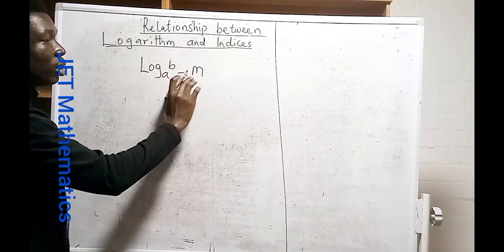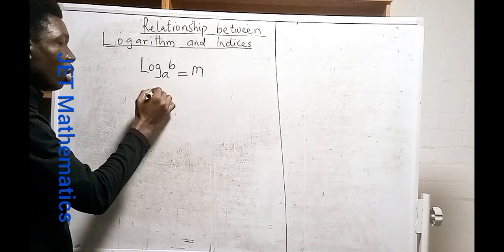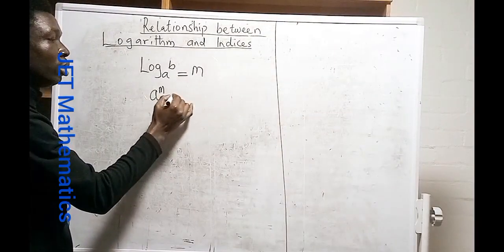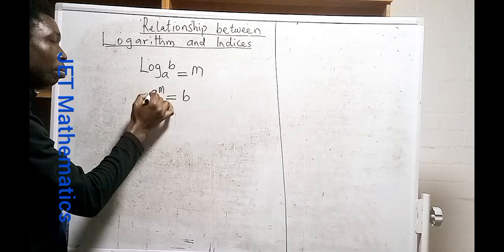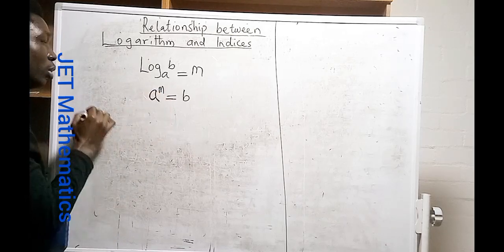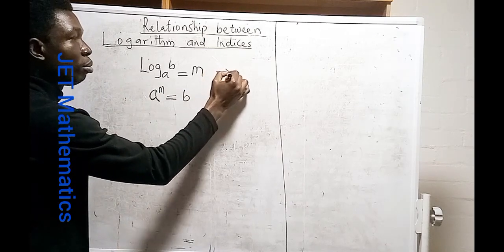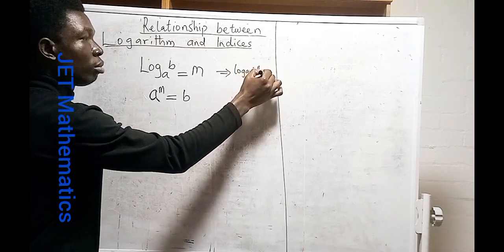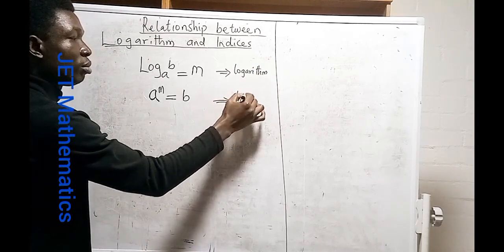We can translate this to indices form by saying a raised to power m is equal to b. This is logarithm form, and this is indices form.